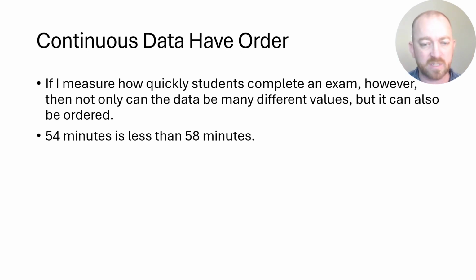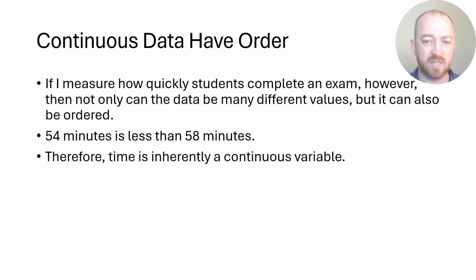Everybody can agree what time is shorter and longer. 54 minutes is less than 58 minutes, for example. All right. Now, of course, unless you get into all kinds of Einsteinian stuff about the fact that time doesn't actually exist, it's just an illusion of the mind, which I won't get into. For our purposes in psychological research, we treat time as a continuous variable.